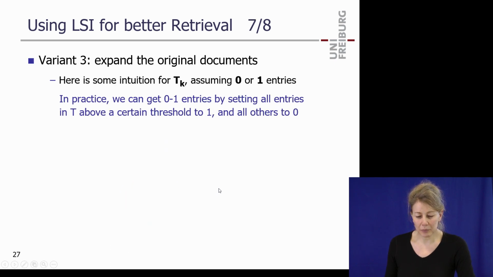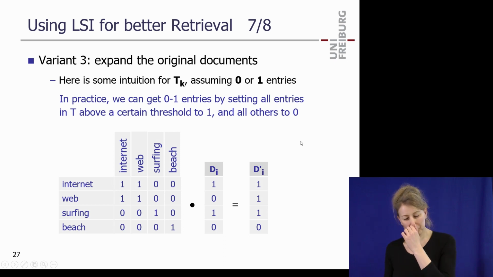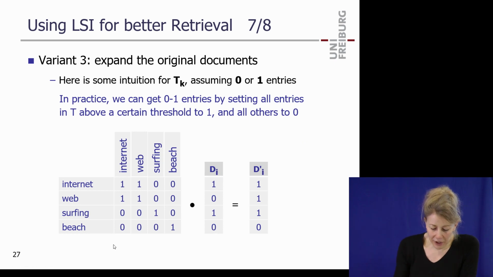And what does it mean? I wanted to show you that. What does it mean to multiply a document? So here we have a 4 times 4 matrix. And that's the last thing I will show today.